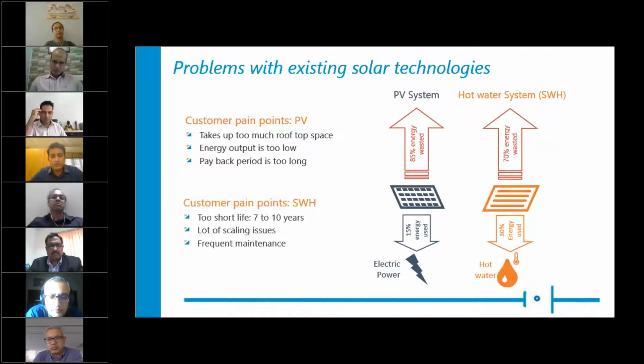And the hot water systems usually have a short life, just about 7 to 10 years, and they have a lot of scaling and maintenance issues, especially if the water quality is bad. So this is why, although open access solar has been really booming in India, the rooftop solar growth has actually been stagnant or has been slowing down for the past few years. In India, geographically, we are blessed with a lot of solar resource. So it really makes sense that we should try to utilize more and more of that resource.